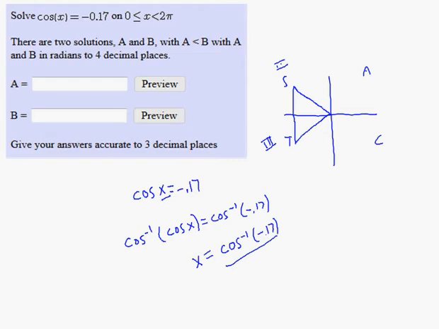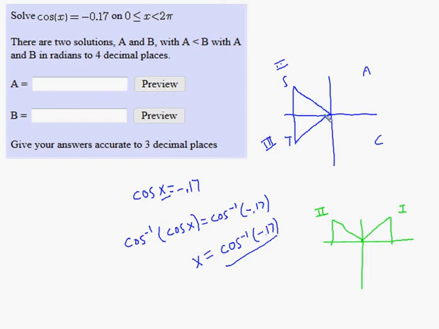So for example, it turns out that whenever you take the inverse cosine, you always get an answer either in quadrant 1 or quadrant 2. That's always true. And it's always the case if the input here is positive, your answer will be in quadrant 1. But since in this example I'm doing the inverse cosine of a negative number, the answer will be in quadrant 2.